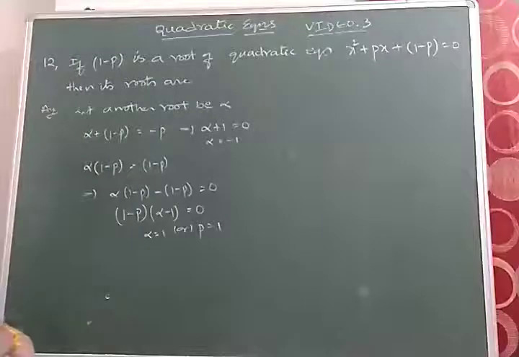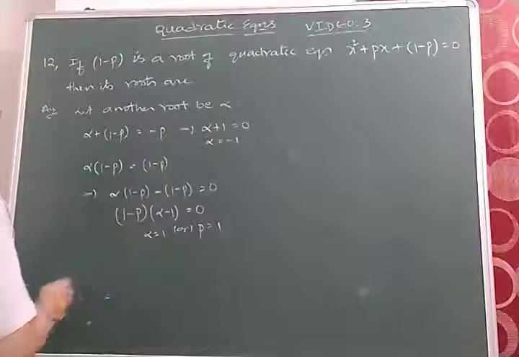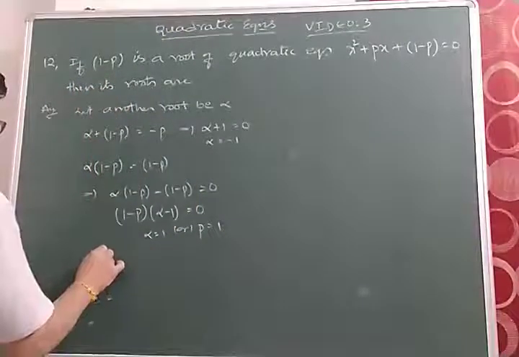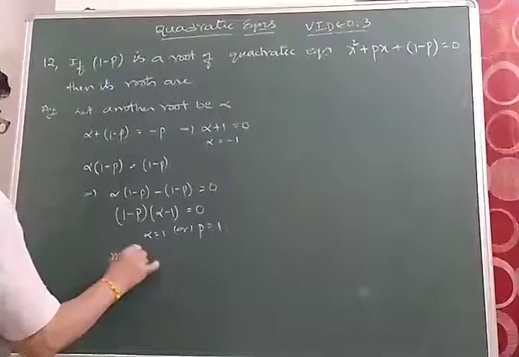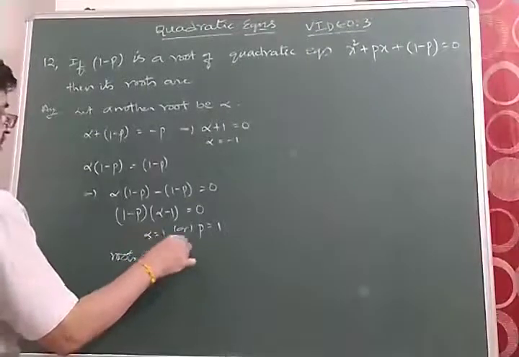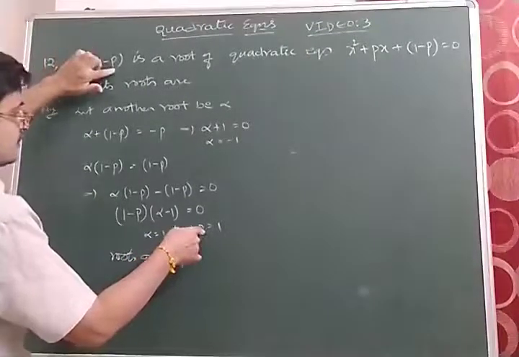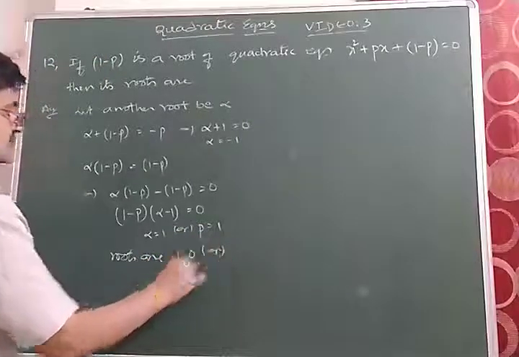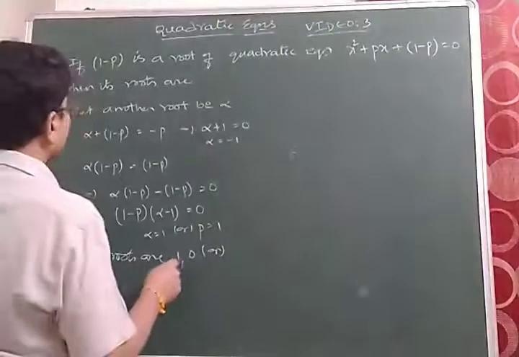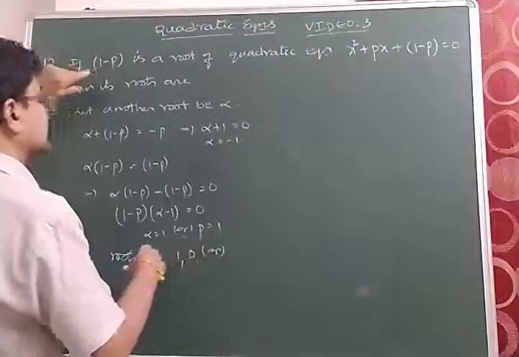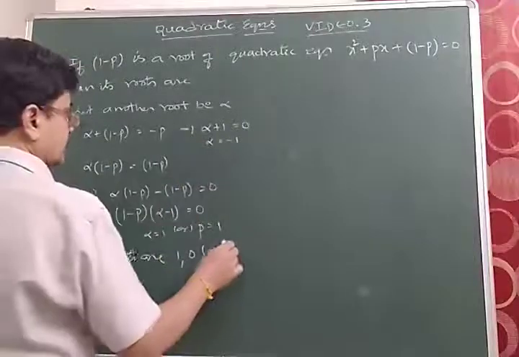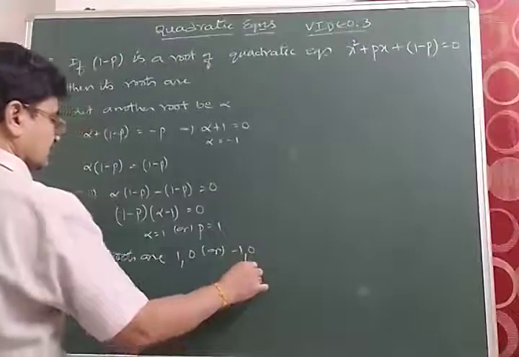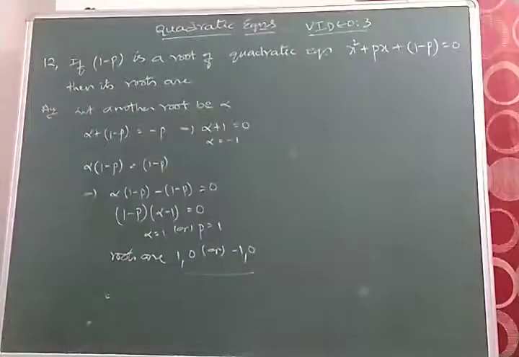So the roots are minus 1 and 0 when p is equal to 1, alpha is equal to minus 1. Are the roots this?